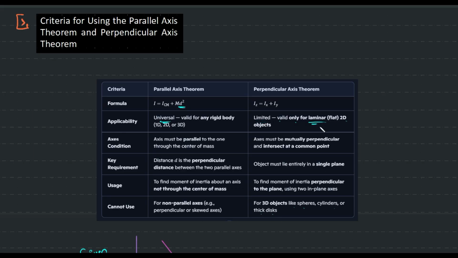Okay, I'm not very comfortable with leaving this open. So laminar objects, let me start from here.